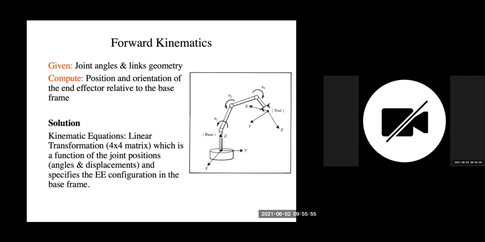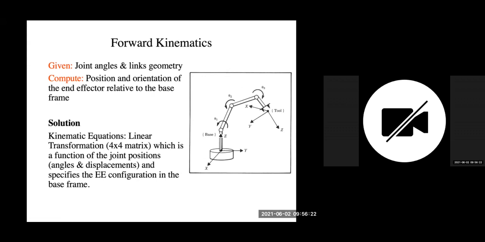We'll also talk about forward dynamics and inverse dynamics. Forward kinematics, also for a robotic arm: you're normally given the joint angles and the link geometry, like the angle and the length of the link, and you try to compute the position and orientation of the end effector relative to the base frame. This is forward because you're given the angles and trying to compute the position.